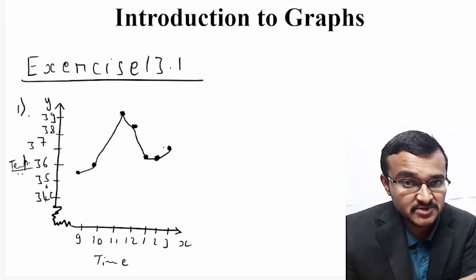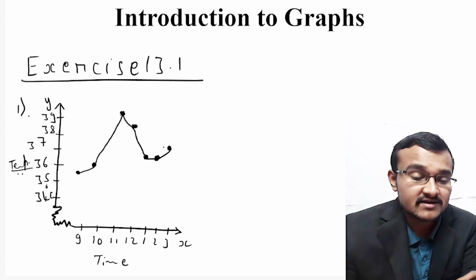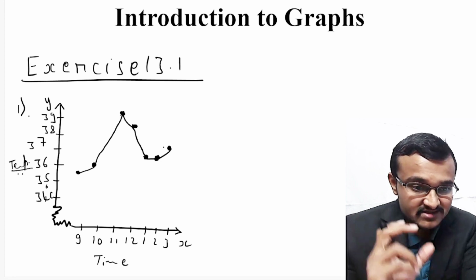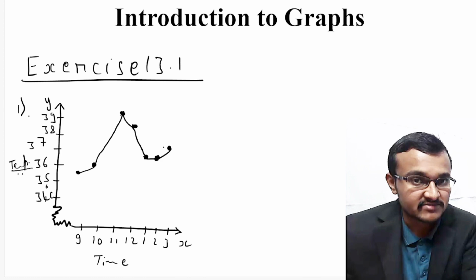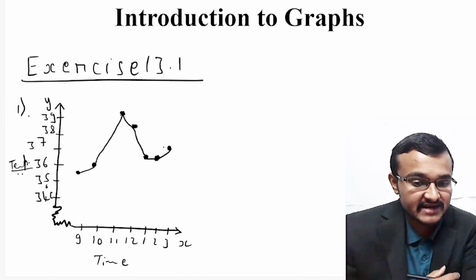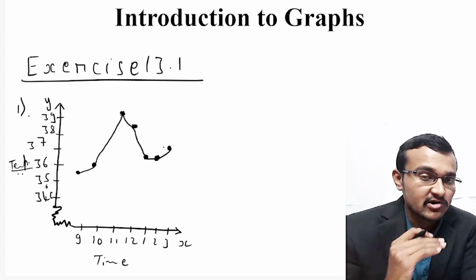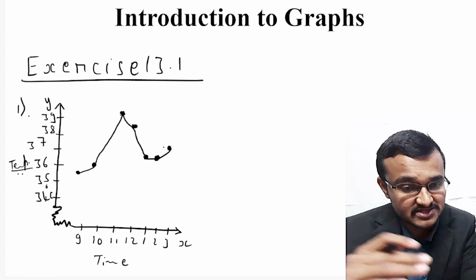Coming to the first question in exercise 13.1, they have given a graph where the temperature of a patient is varying between 35 degrees Celsius and 39 degrees Celsius in a certain amount of time. Every hour starting from 9 a.m. till 3 p.m., they have recorded the temperature of this patient.